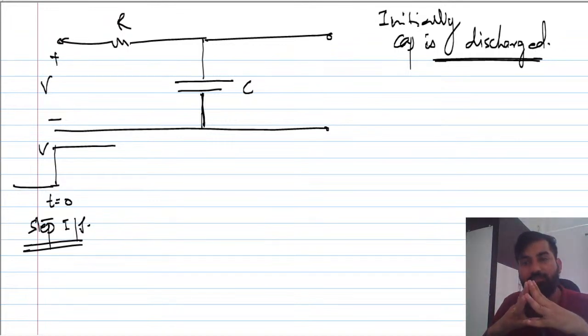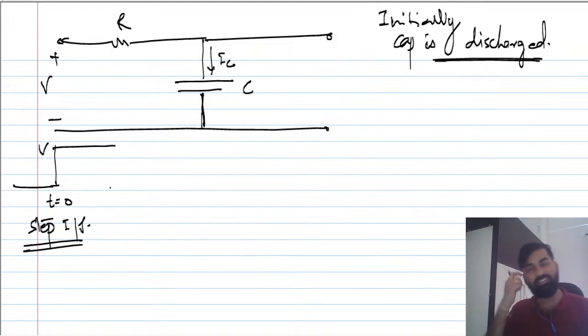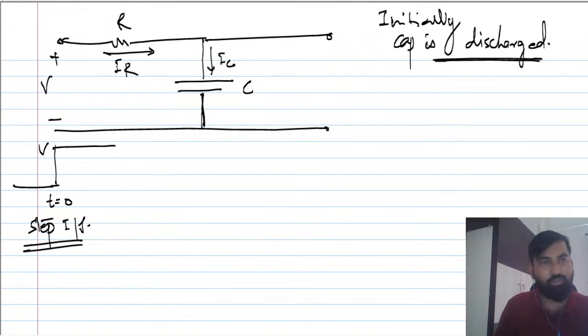A capacitor charges when current flows through it. So IC is flowing through the capacitor, and whatever current flows here through the resistance is IR. When current flows through this capacitor, only then will the capacitor start charging.